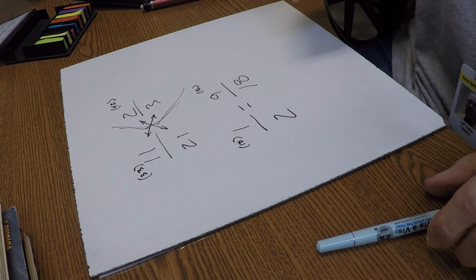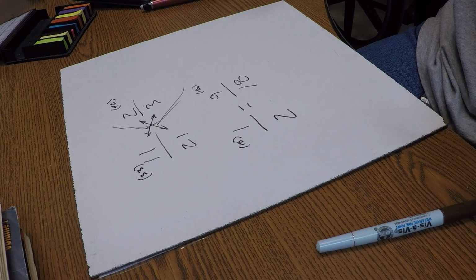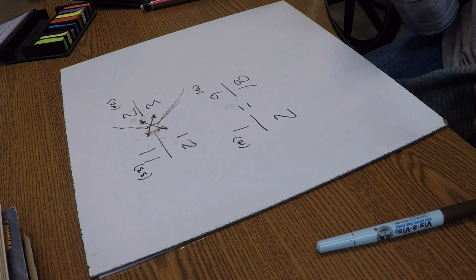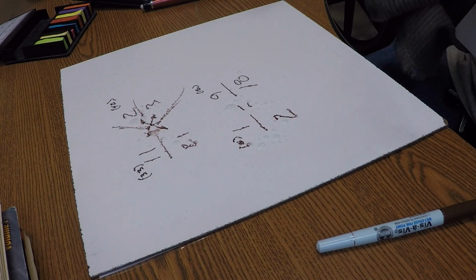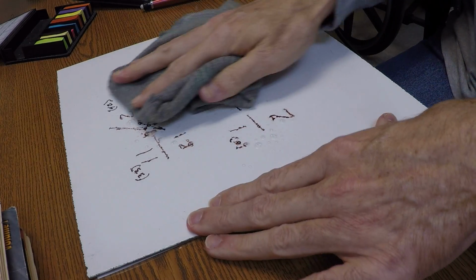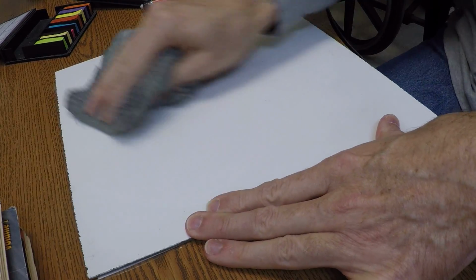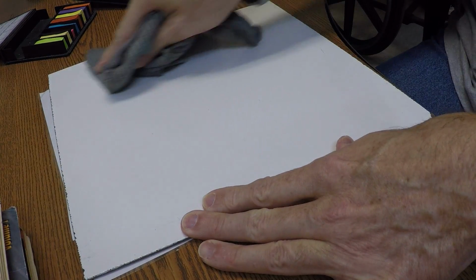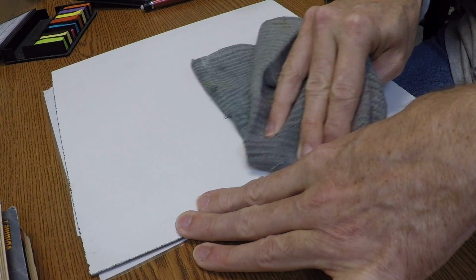Equivalent fractions is another thing that caught us off guard. Equivalent just means that it's the same thing. Let's say you want to make an equivalent fraction of 1/2.